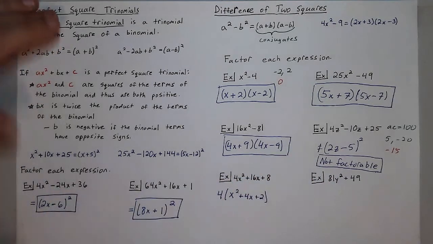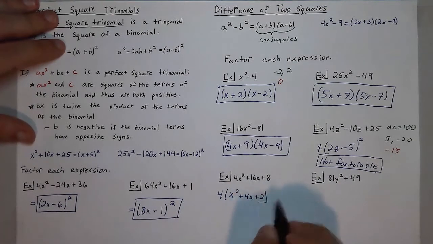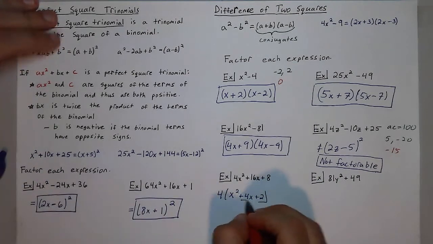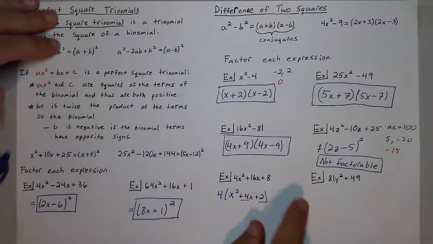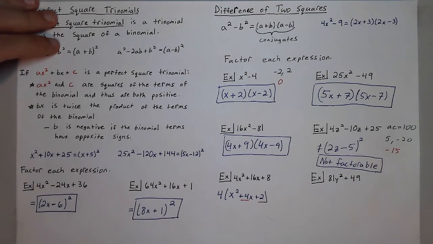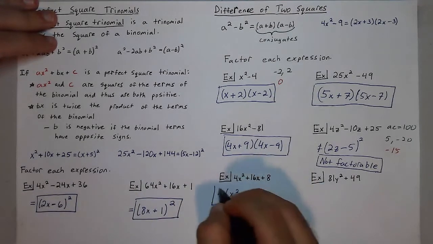And then I would get down to this quadratic, and I'm looking for two numbers that would multiply to 2 but add to 4. And that just simply won't happen, because it either has to be 1 and 2, or negative 1 and negative 2. Both of these do not add to 4. So your final answer would just be 4 times x squared plus 4x plus 2.